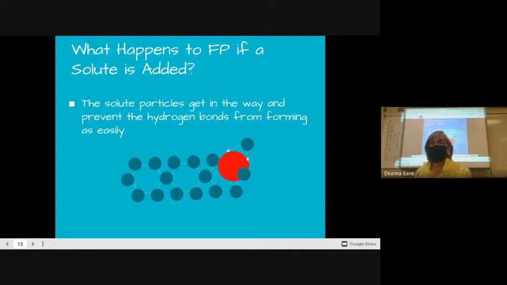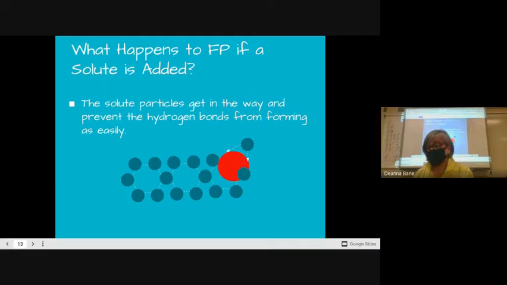All right, so then what happens to the freezing point if a solute is added? It's similar to what happens when the solute is added to the solvent for the boiling point. The particles literally get in the way. And again, it doesn't really matter what kind of particle it is. What matters is how many particles are in the way.